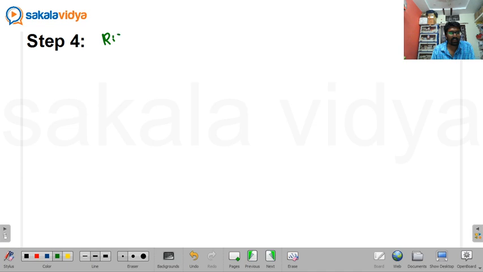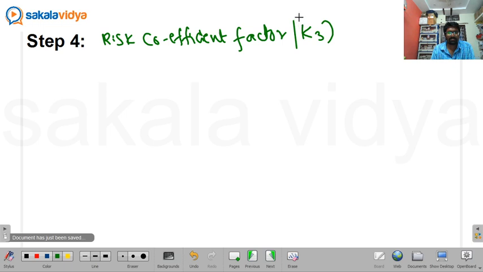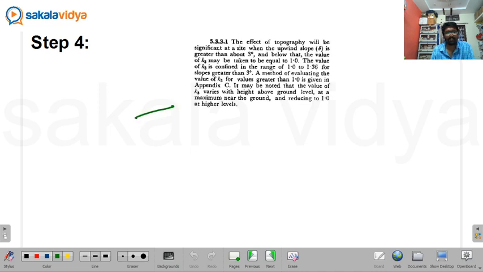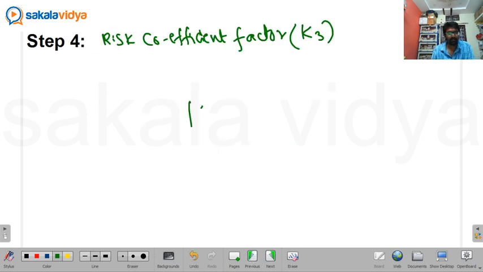Now step 4, risk coefficient factor K3. Again by using page number 12, we can directly write the value of K3 is equal to 1.